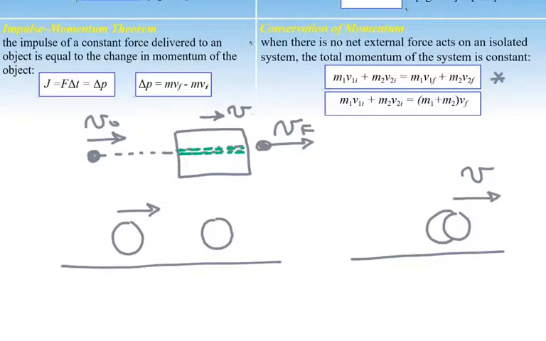So the first formula is still going to work. Or if it's a perfectly inelastic collision, when the first ball is now stuck to the second one and they're both moving with one velocity, you would use the second formula. And in this formula, you see this: you have momentum maybe of the bullet and momentum of the block, and afterwards, they both stick together and move with one velocity.